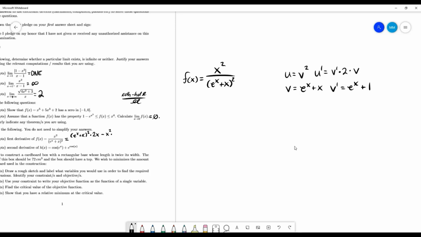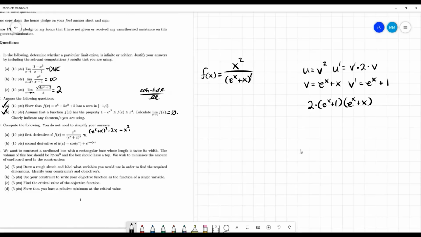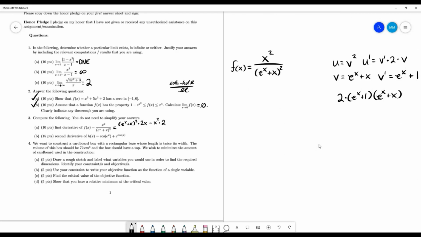Because this is applying that power rule and then just chain rule multiplied by the inside. So the derivative of this part is just going to be 2 times e to the x plus 1 times that original inside, e to the x plus x. So that's a lot, but we can just write it like that. We don't have to simplify. And so that finishes off this.